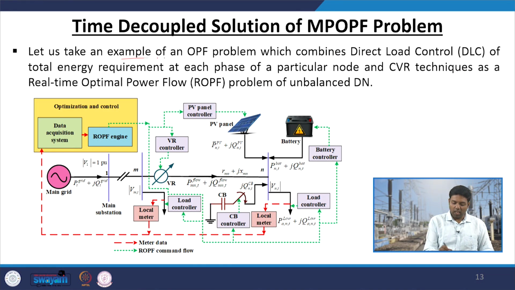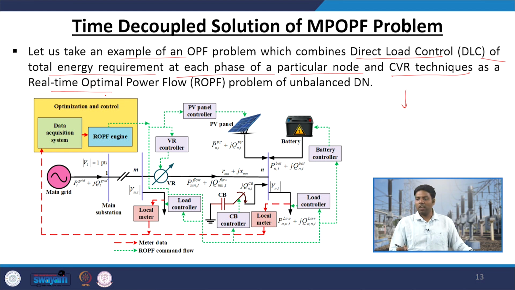So, let us take an example of an OPF problem which combines direct load control, that means you are controlling or doing load shedding in real time at a few buses of total energy requirement at each phase of a particular node, and CVR techniques are implemented in the real time OPF. I told you that CVR is good when you want reduced power for voltage dependent loads. So, this is the architecture.